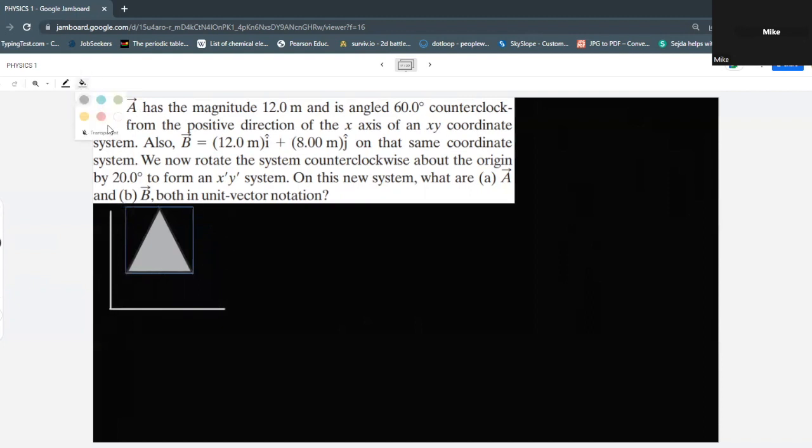Magnitude 12 meters and angle 60 degrees counterclockwise from the positive direction.